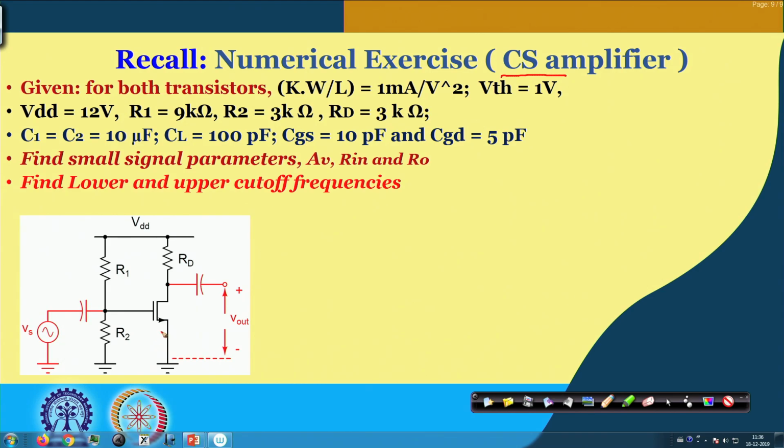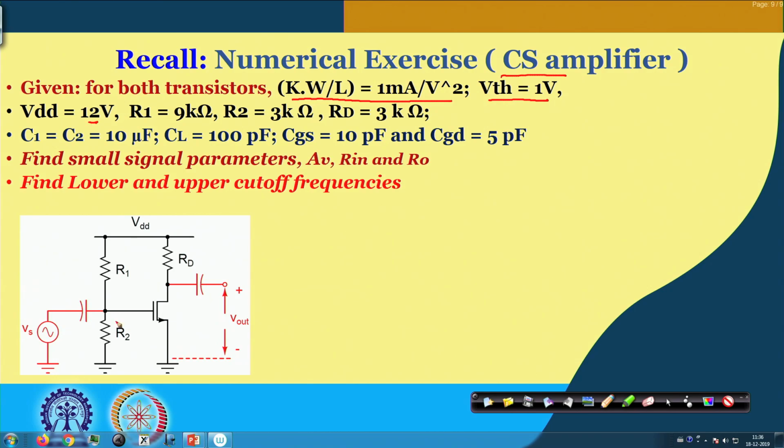And then we have the information given here about the device, namely K into W by L, which is 1 milliampere per volt square. Threshold voltage is 1 volt, supply voltage is 12 volt, and so on.